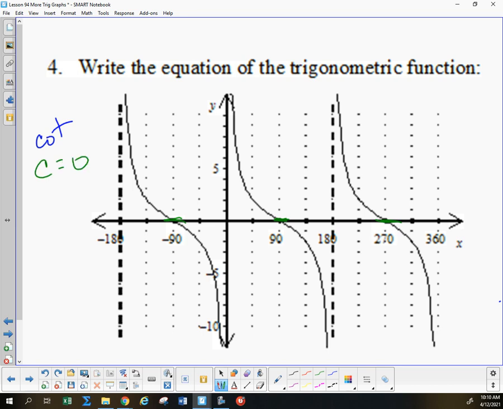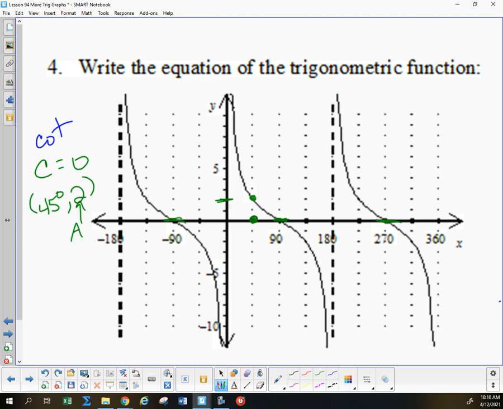Let's look at one of the 45s. If the amplitude is 1, the cotangent of 45 degrees would just be 1. But can you see that clearly enough, Rebecca, to tell me what the cotangent of 45 is on this graph? 2. So because I had 45, 2, that means my amplitude is 2.